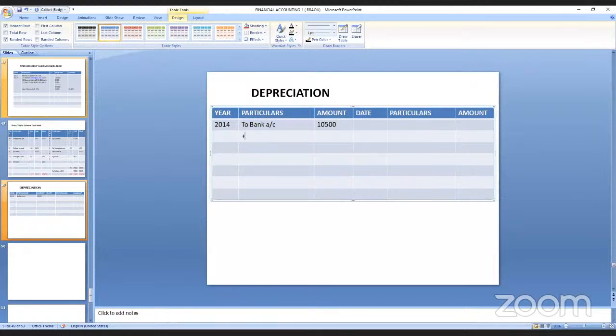Here you have to write plus erection charges. How much are the erection charges? It is 500. Then here the total will be how much? 11,000.